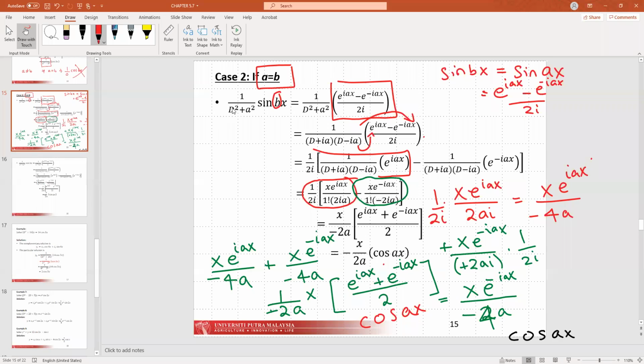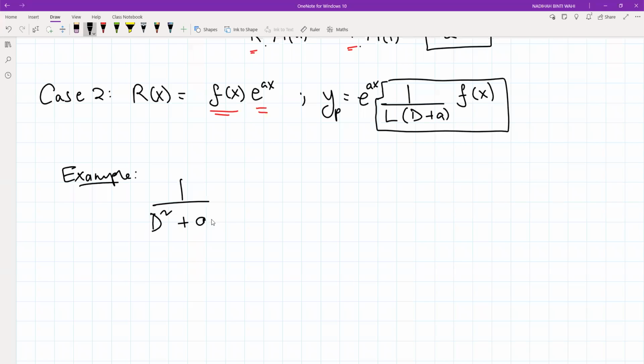So maksudnya apa? Maksudnya kalau saya ada, if I have, let's write something like this. If I have 1 over d squared plus a squared of sine bx.